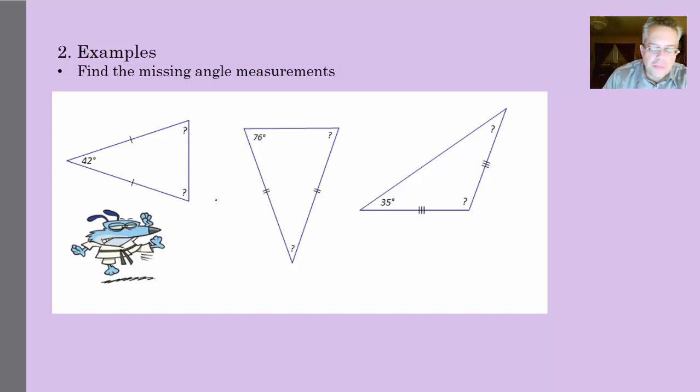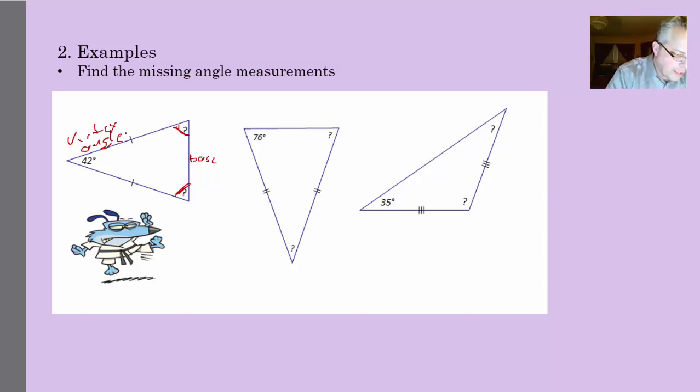When we see an isosceles triangle, I recommend marking the base angles. That's a base angle, and that angle is the other base angle. This is the base here, and those two angles have to be equal. By the way, this angle is called the vertex angle, and we have 42 degrees already.